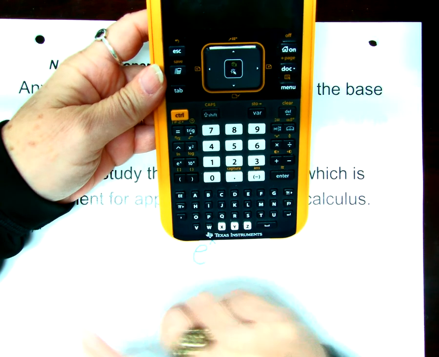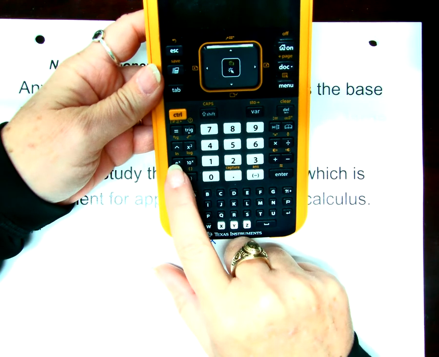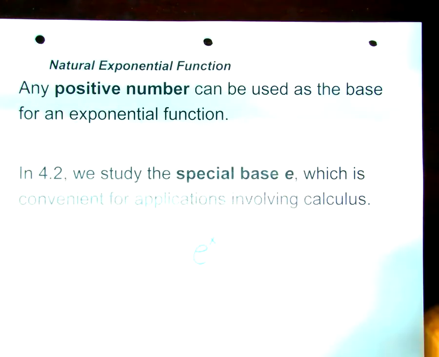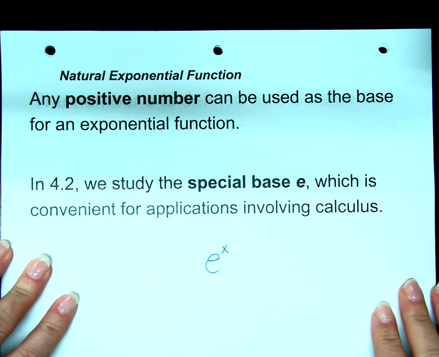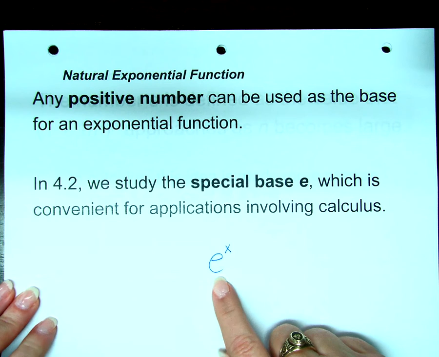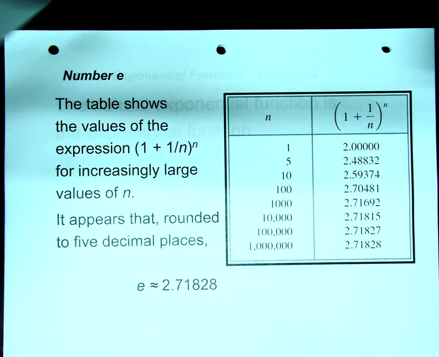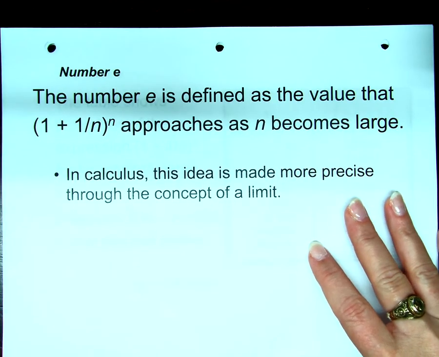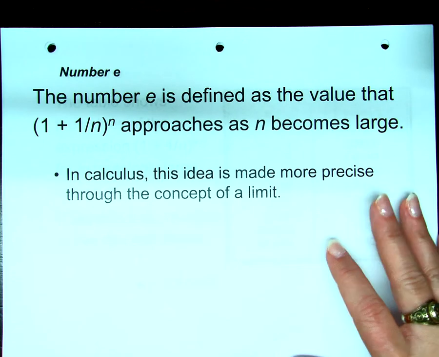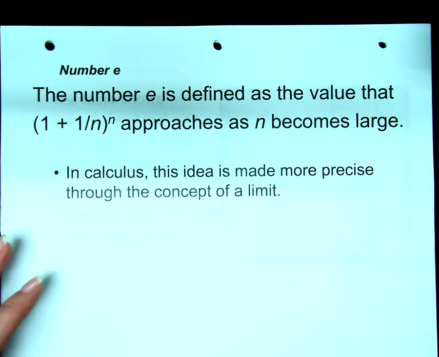If you use an 84, there's also an E button on your calculator. It's stored up to a certain decimal, but it's definitely a very specific number. It starts with 2.71828 and goes on from there. It's an irrational number. It cannot be written as a fraction. And it's very important in a lot of mathematical ideas.